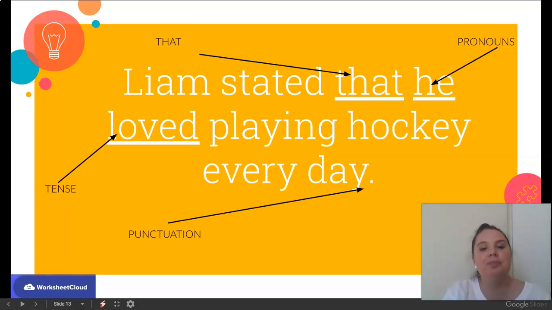Okay, so again, to recap, we looked at what our introductory verb clause was. We let that dictate the tense. We made sure the word that was used straight after the introductory verb clause. We changed the pronoun because it's reported, and we took away inverted commas.